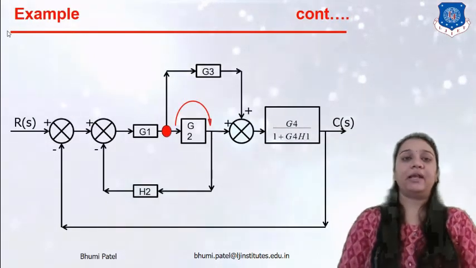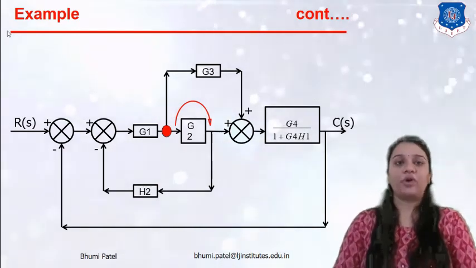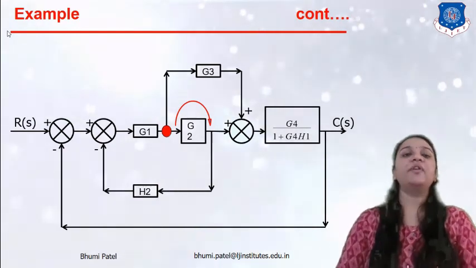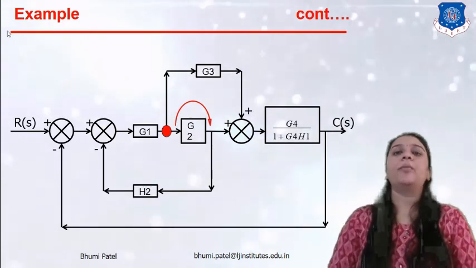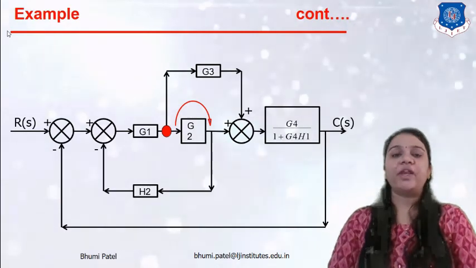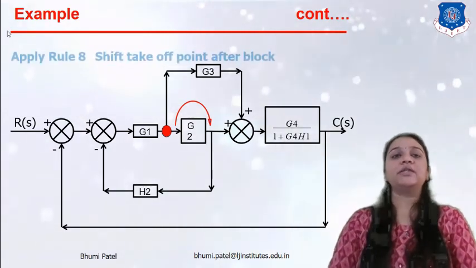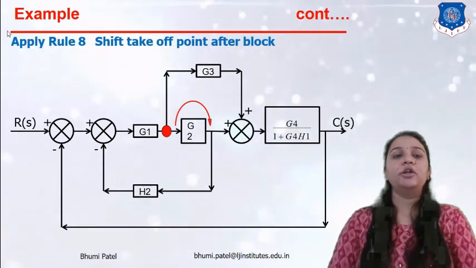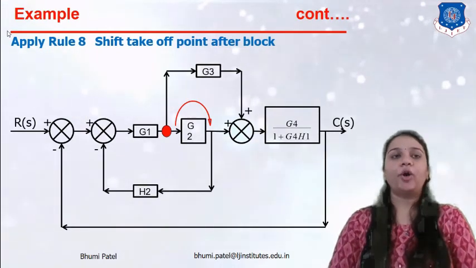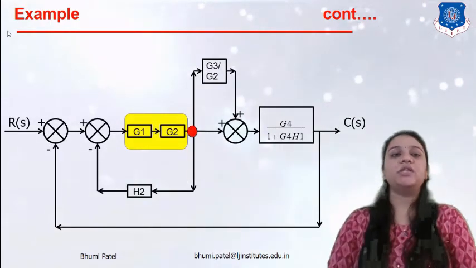Now here you can see that if a takeoff point is not given between G1 and G2, then we can apply rule number 1, block in series connection. So we can shift a takeoff point after the G2 block, and it is rule number 8. Whenever we shift a takeoff point, the takeoff point is shifted after the G2 block.